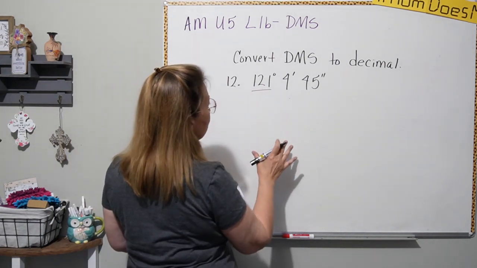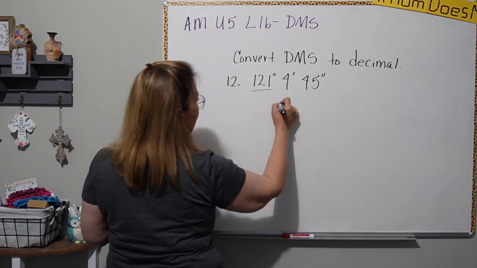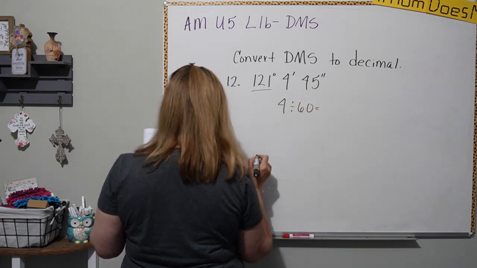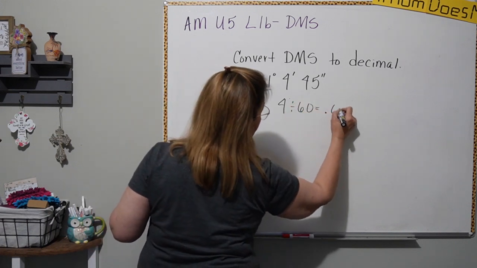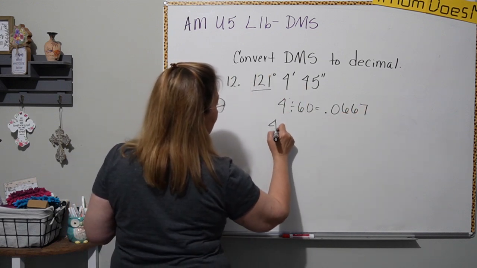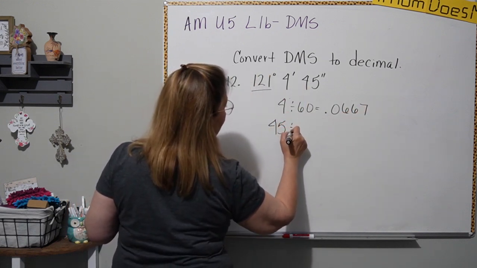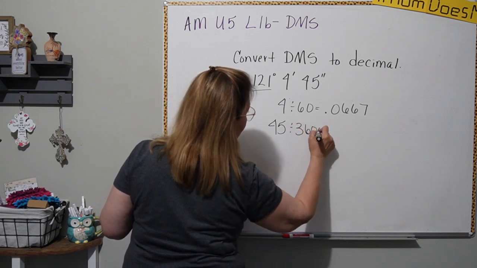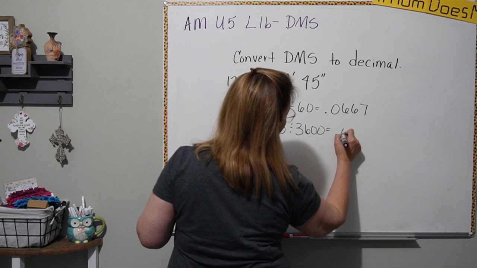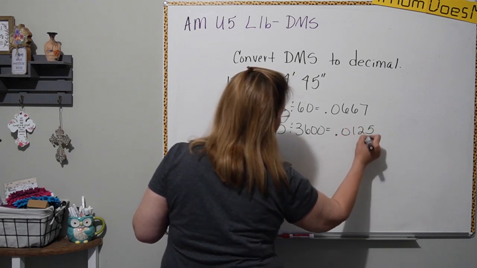For number 12, we're going to convert 121 degrees, 4 minutes, 45 seconds to a decimal. Not touching the 121, but we are going to take the 4 minutes and we're going to divide that by 60. So 4 divided by 60 is 0.0667. Then we're going to take the 45 seconds and we're going to divide that by 3600. So 45 divided by 3600 is 0.0125.